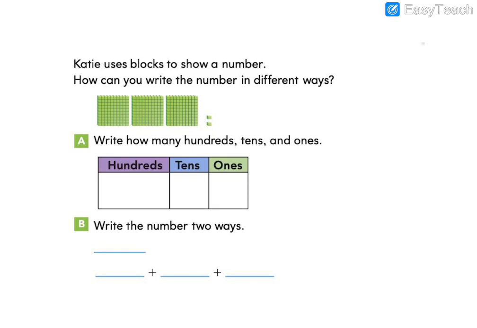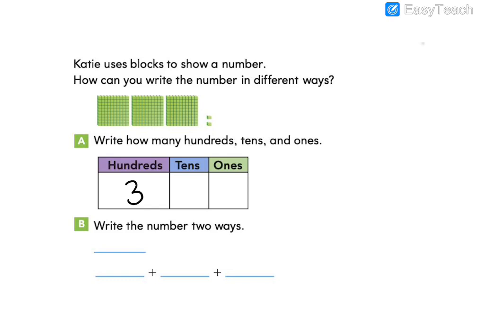So now let's look at another way. Katie uses blocks to show a number. How can we write the number in different ways? Here are her blocks. Here's our place value chart. How many hundreds do you see in Katie's blocks? If you said 3, you're correct. There are 3 hundreds.